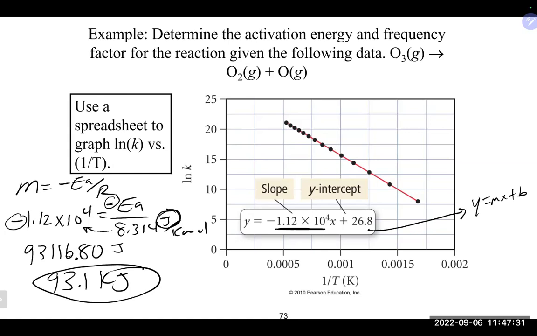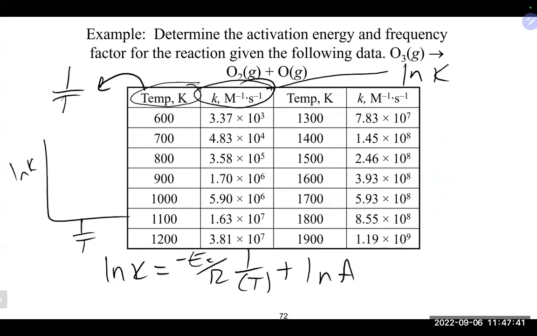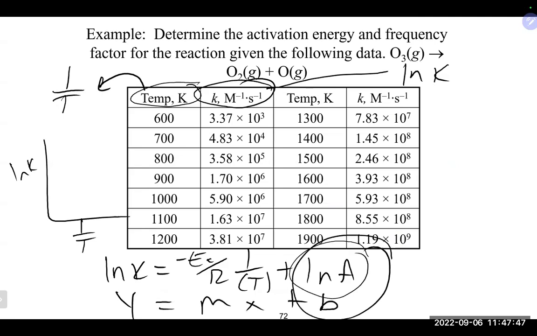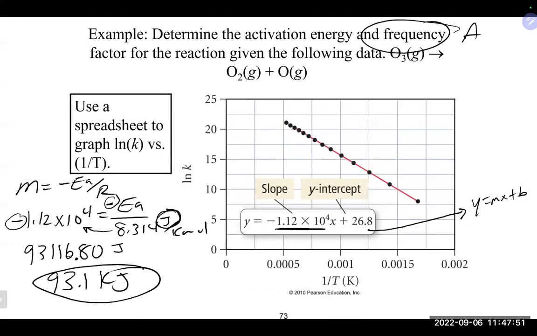Now we could also find the frequency factor, which is A in that equation. And if you remember, if we go back a page here, that is y is equal to mx plus b. So b is equal to the natural log of A. So b in this case would equal the natural log of A, and our y-intercept in this case is 26.8.